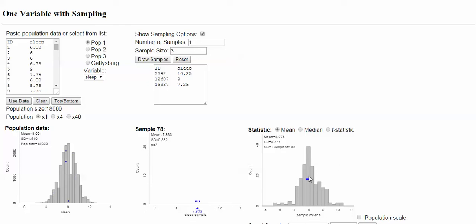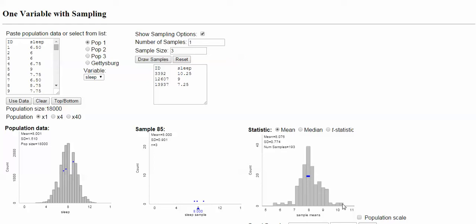And this group of people up here, they had a mean of exactly 8. So as we keep going up this bar right here, we're just looking at more and more samples of 3 people, and all of those samples had a mean of about 8. Because remember, each of these building blocks in here is just a sample mean. We're just looking at the means of different samples of 3 people that have been selected.